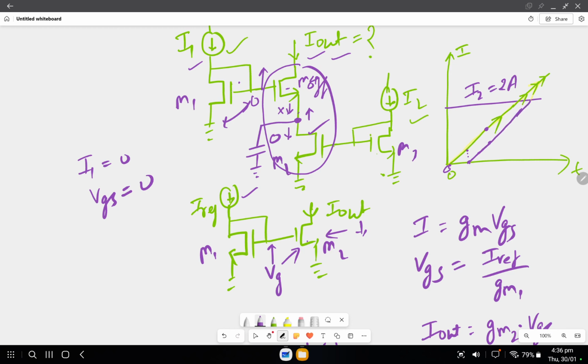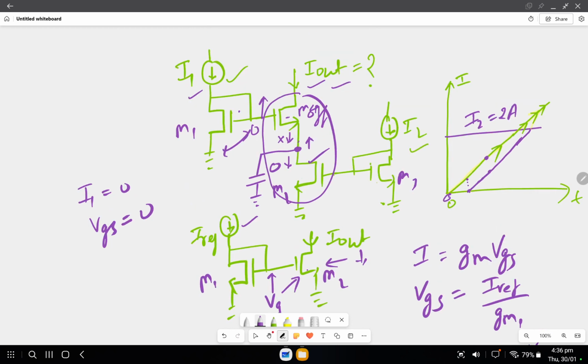Now when your I1 becomes higher than I2, this node will increase. So this is at full VDS. Now when your I1 is higher than I2, it will try to give I1 current, but due to this, it will try to get the I2 current.